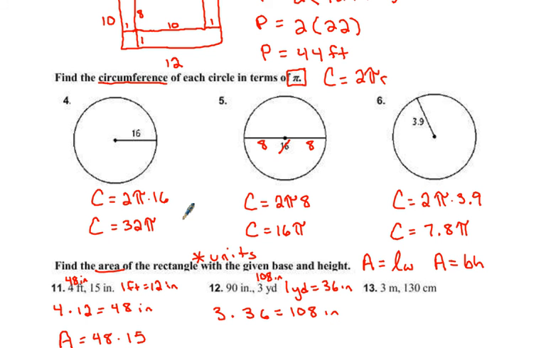Now that I have them both in inches, I can plug it into my area formula. Area is equal to 90 times 108, which means area would be equal to 9,720 inches squared.